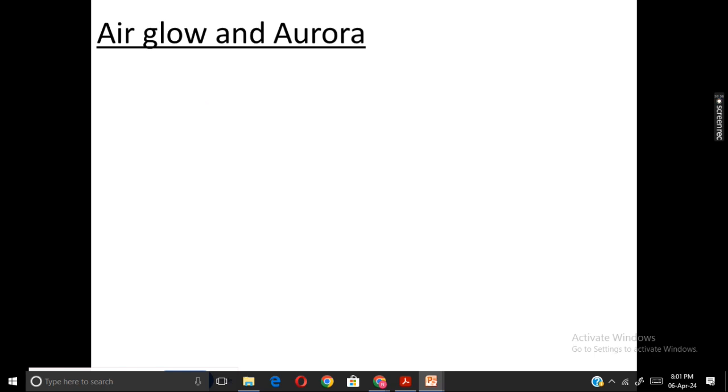Okay. Now let's just look at the two phenomena, airglow and aurora.